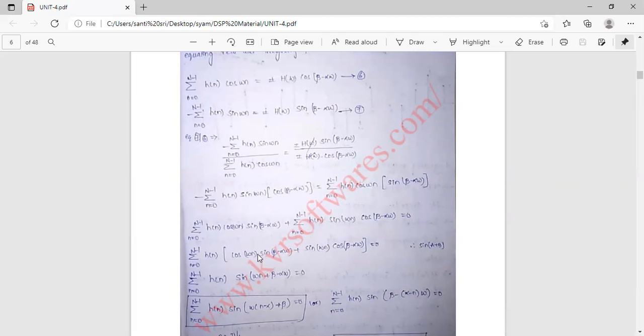It is in the form cos a sin b plus sin a cos b, that is sin of a plus b. So sigma n equal 0 to N minus 1 of h of n into sin of omega n plus beta minus alpha omega equals 0.